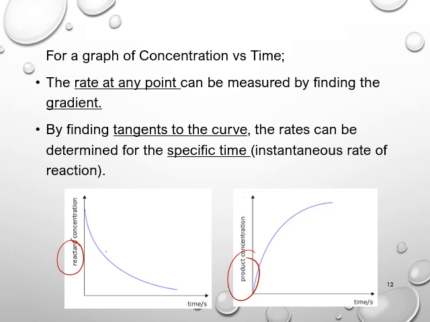Say you want to check the rate here, so make a point on the curve and then just draw the tangent to the curve. As for the product concentration versus time, we just make a point here and then draw the straight line to mark the tangent to the curve. The steeper the slope, the faster the rate of reaction.